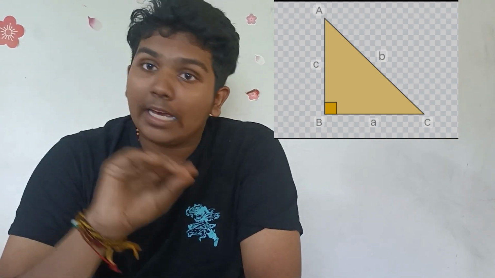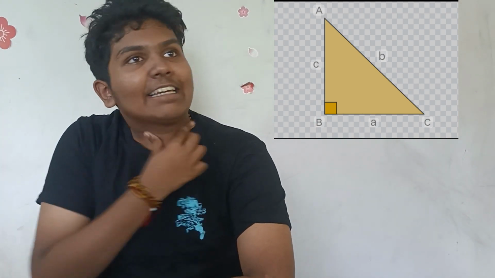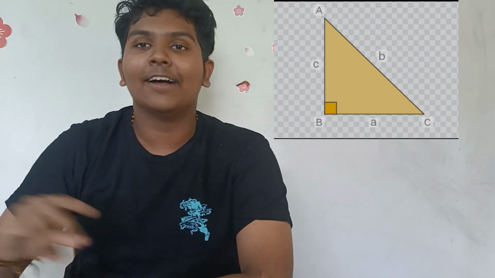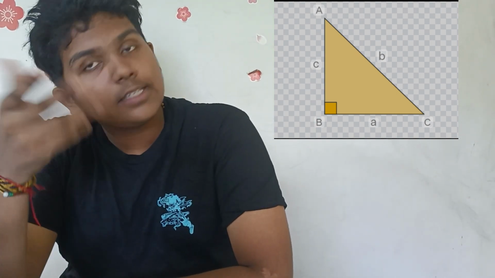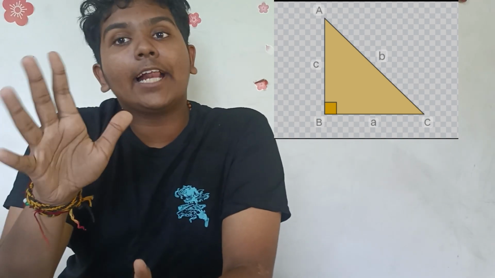Don't use the capitals, otherwise you might get confused. So, AB is equal to c, BC is equal to a, and AC is b. So you got those? Now, how do you calculate this sine, cos?